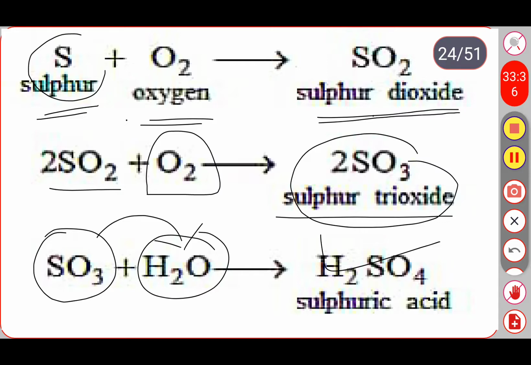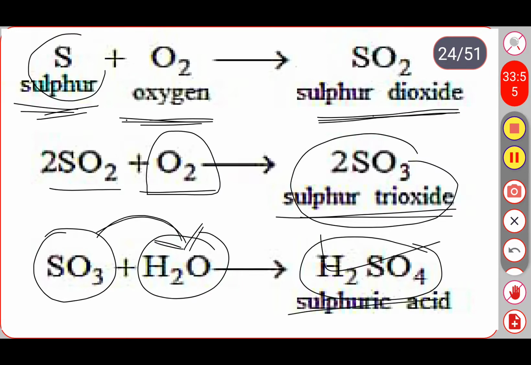By the combination of sulfur and oxygen, we get sulfur dioxide. Again, this sulfur dioxide we combine with oxygen to get sulfur trioxide. This sulfur trioxide, if we dissolve in water, forms sulfuric acid. So this is the first method, the synthetic method or direct method.